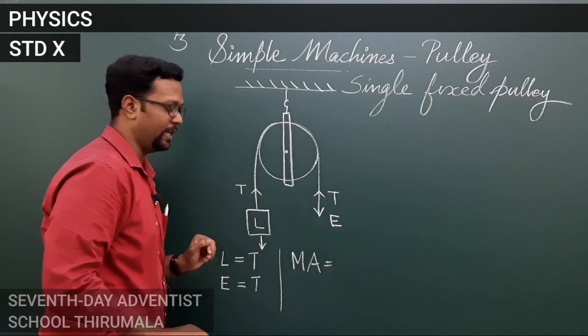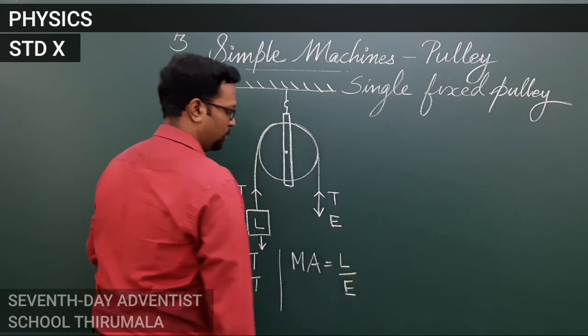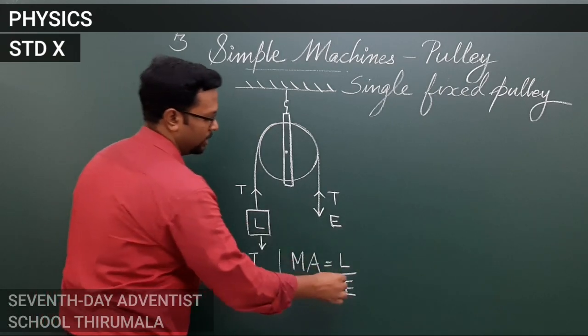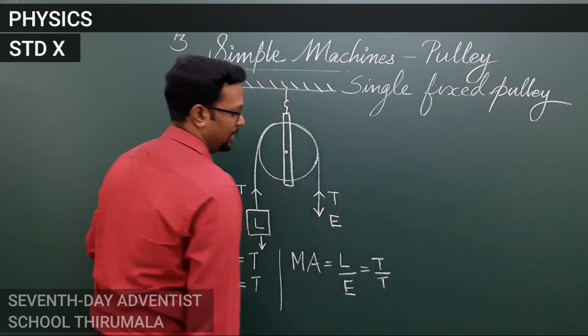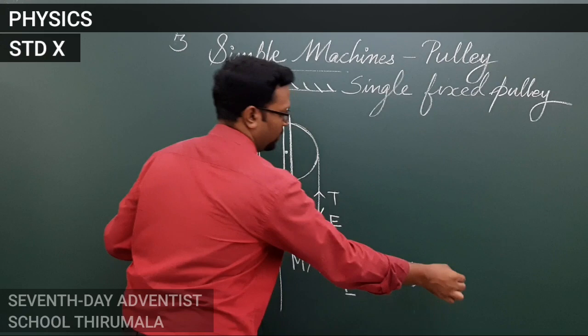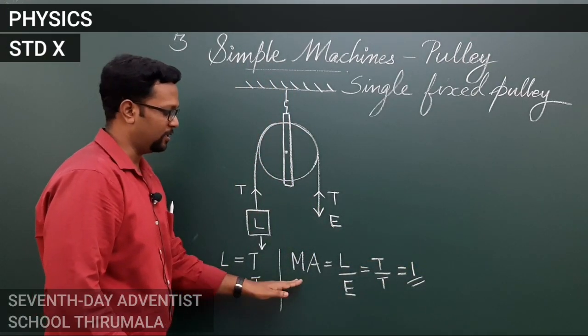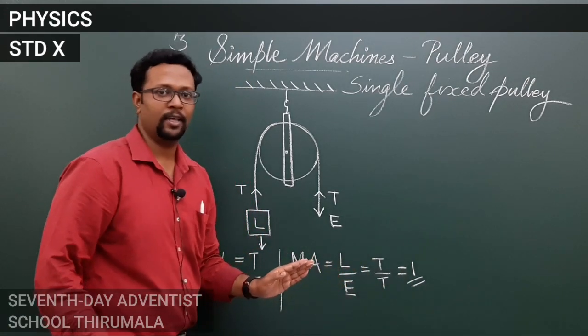It was load by effort. So here the load is T and effort is T. So we can write it as T by T, that is tension by tension, which is equal to 1. So the mechanical advantage of a single fixed pulley is 1.